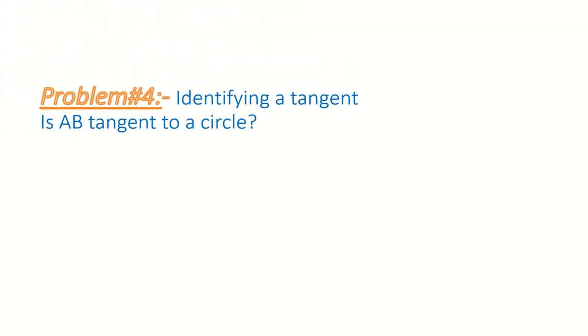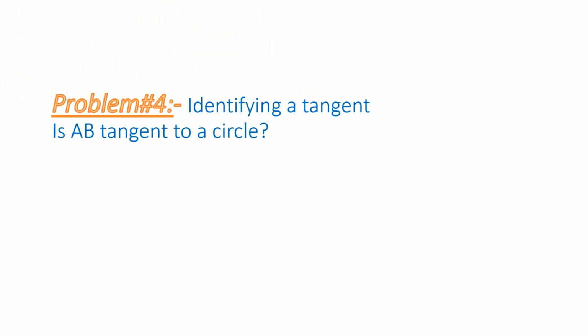Example number 4 is about identifying a tangent line. Is AB tangent to a circle? Here is the circle, and the situation is represented here. Look at this. AB, is it tangent to this circle?